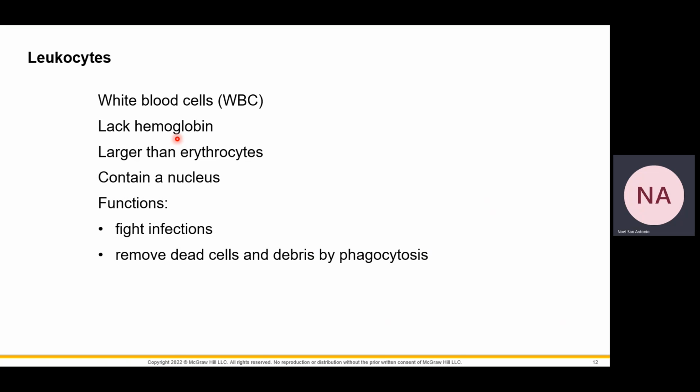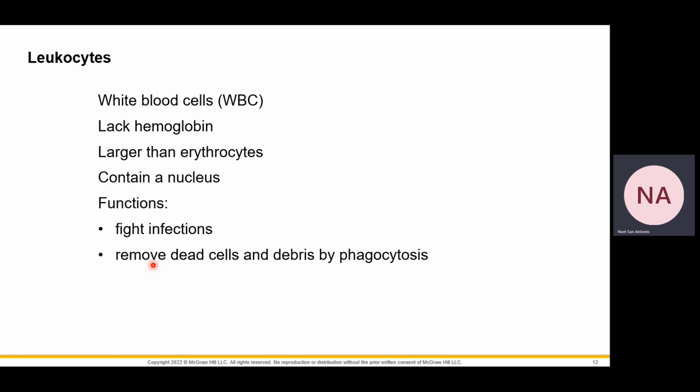They are actually larger than erythrocytes, and unlike your red blood cells, they contain a nucleus. And there are two primary functions of leukocytes: to fight infections and to remove dead cells and debris in our body by phagocytosis.